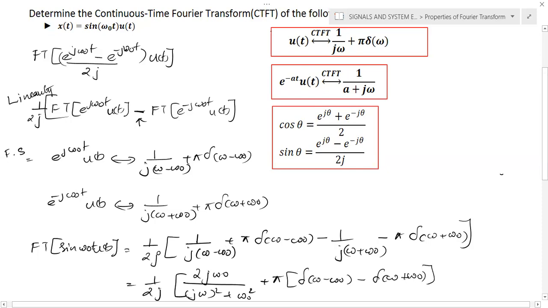So we got the final equation. You can also simplify by multiplying with this 1 by 2j, and write one more step.